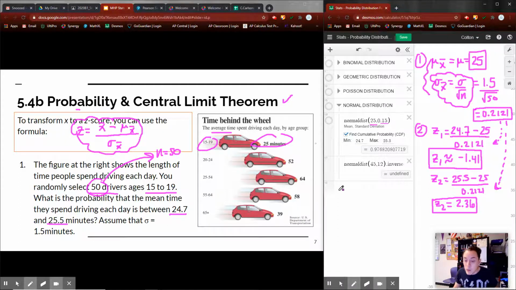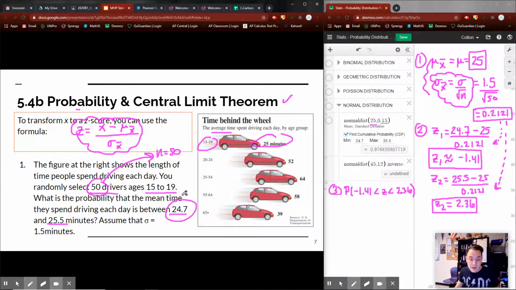Awesome. So now what's my third step? My third step is literally to find the probability, watch this, the probability of negative 1.41, where z is between that and 2.36. That's really what I'm trying to find. I standardized my means. I standardized my values here. And so since I standardized those values, I am given this.